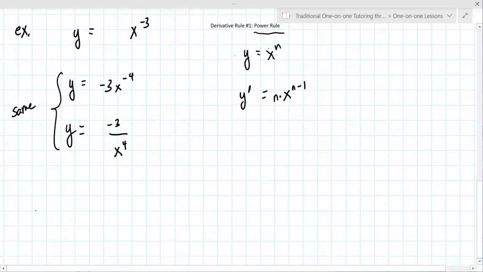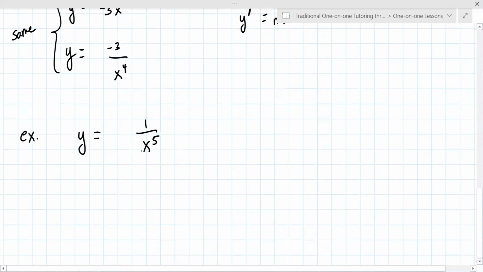So here's an example of how you'd actually see it in your class: 1 over x to the 5th. You might think, I just apply the power rule. No, you have to actually rewrite this as x to the minus 5. Then you can take the derivative.